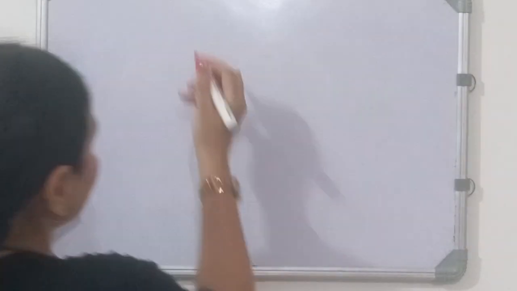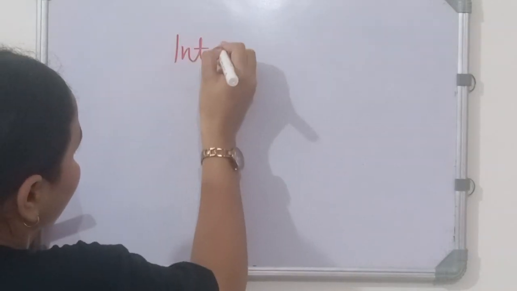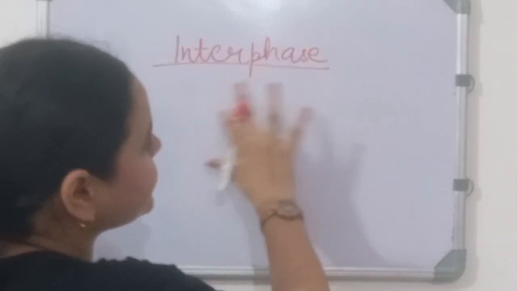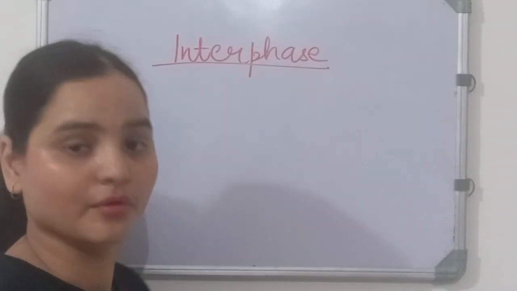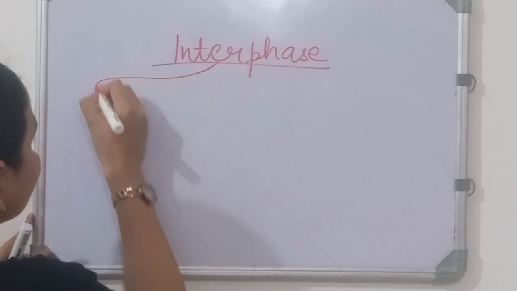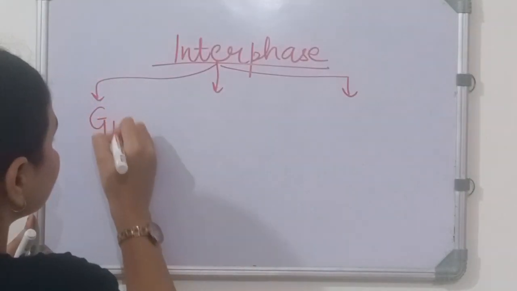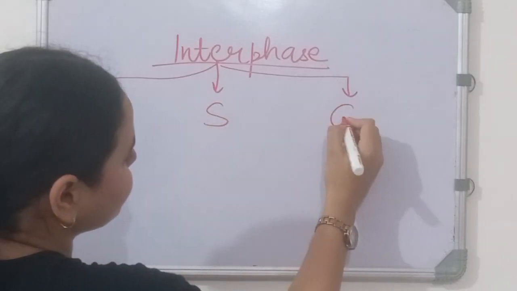Okay, so this interphase is the preparatory phase for cell division. Okay, and this interphase was divided into 3 substages, which were known as G1, S and G2.